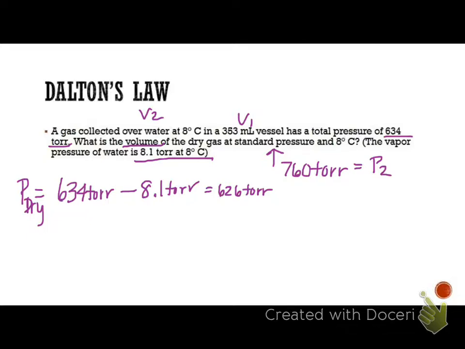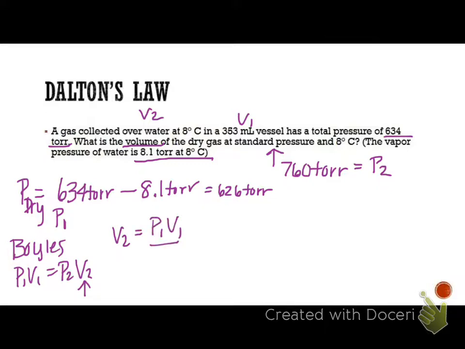Now that's P dry, but it's also our P1, because that's the initial pressure. It wants to know what it would be at standard pressure. When we use pressure and volume, we use Boyle's law: P1 V1 equals P2 V2, and we're solving for V2, so V2 is P1 V1 over P2.